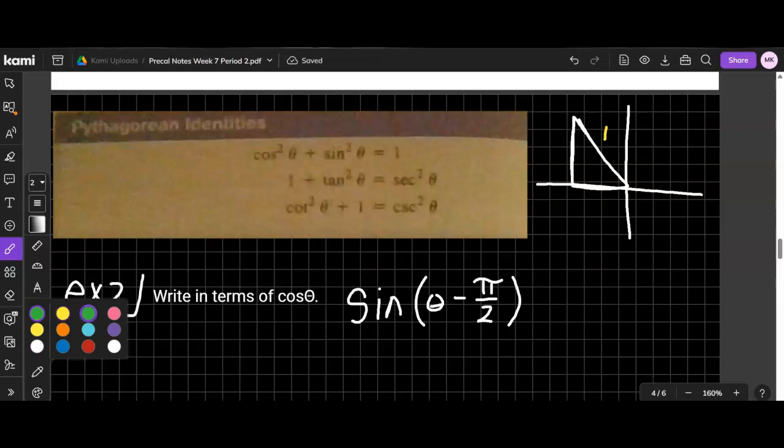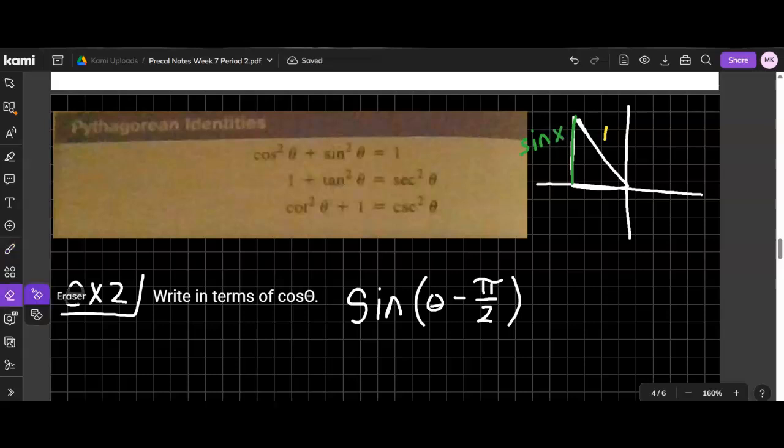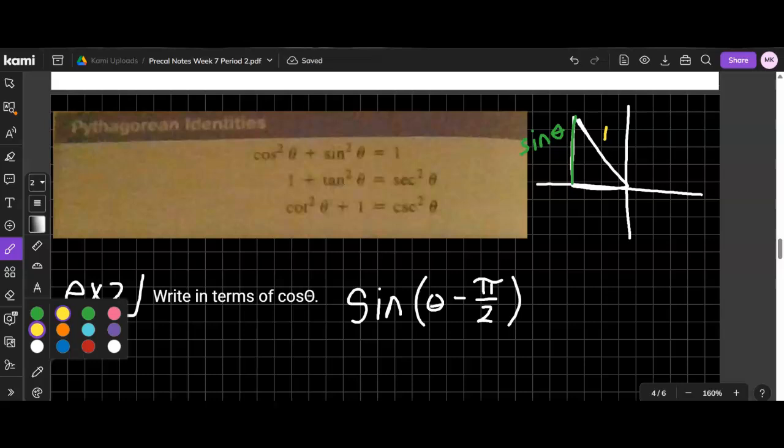But then you have your x and your y values, but because we're talking about the unit circle, your y values are sine of theta. Your x values are cosine of theta.